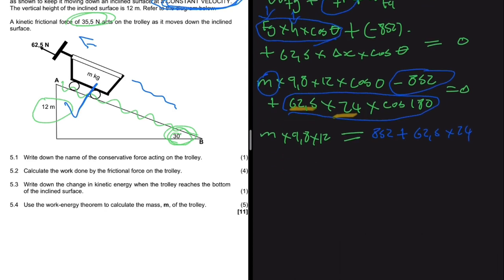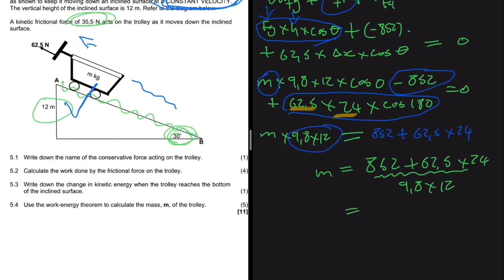We're dividing both sides by the coefficient of m, the mass. So we're going to have the mass being equal to 852 plus 62.5 multiplied by 24, divided by that coefficient 9.8 multiplied by 12, and the mass is apparently 20 kgs.